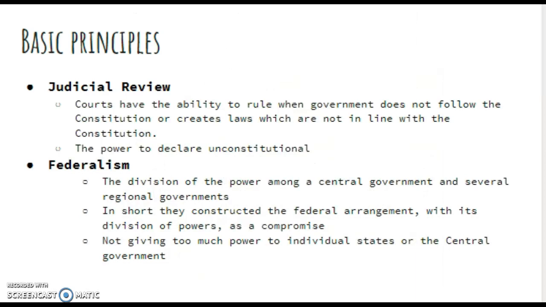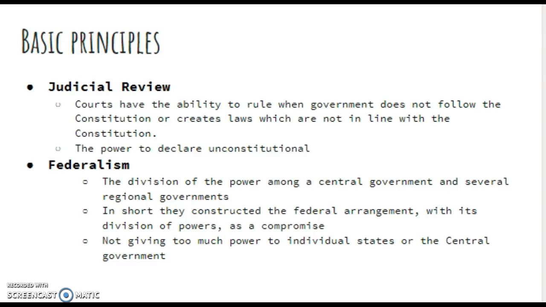All right, and then the last two here, judicial review. Courts have the ability to rule when government does not follow the Constitution or creates laws which are not in line with the Constitution. The power to declare unconstitutional. So judicial review, essentially, this is various court cases that we see. So most recently we talked about Texas versus Johnson with the burning of the American flag.